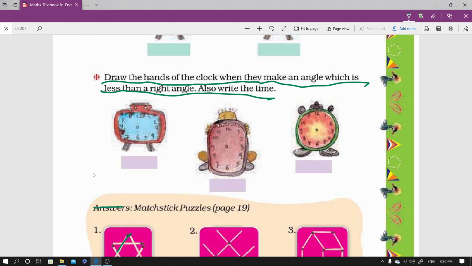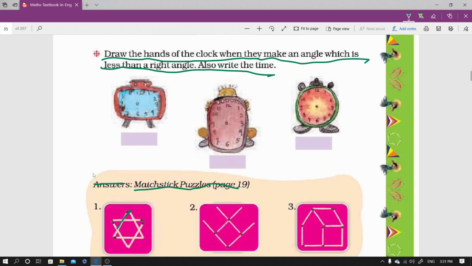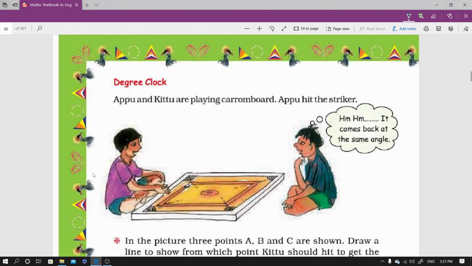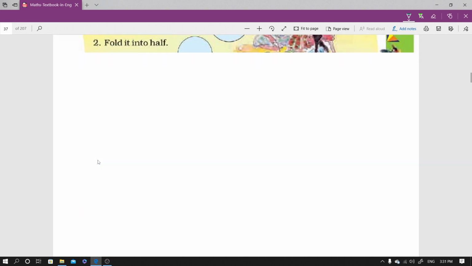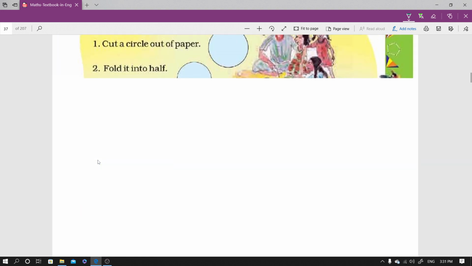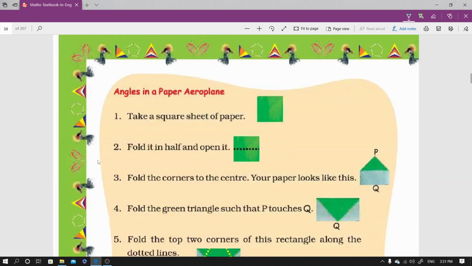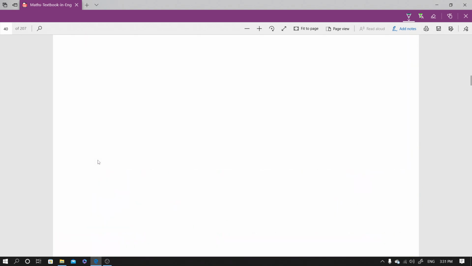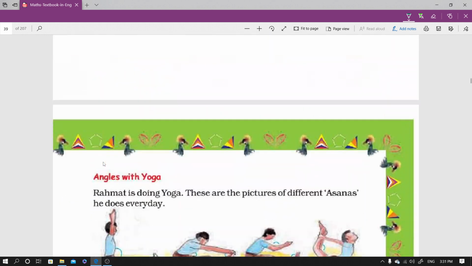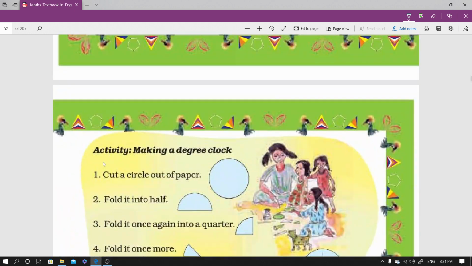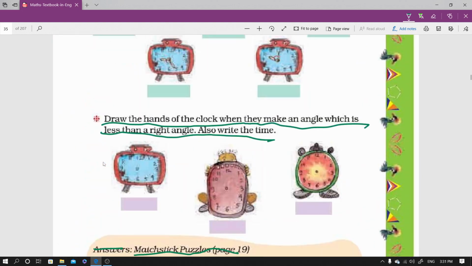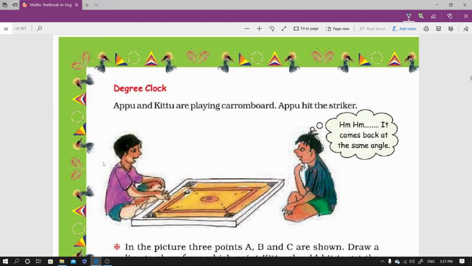Math puzzle page. Degree clock. Appu and Kittu are playing carom.